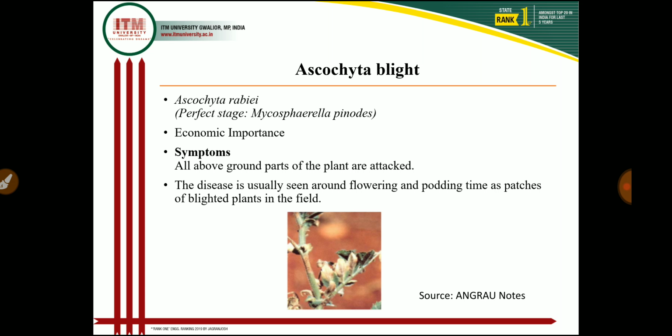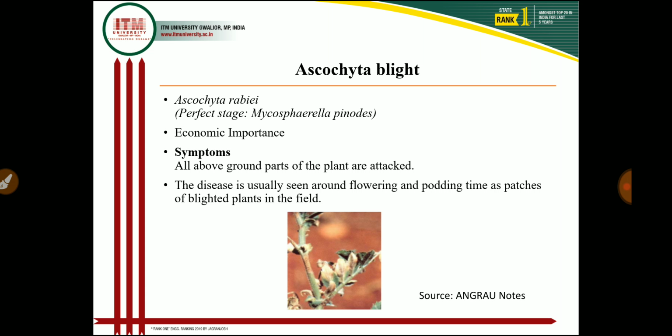The disease is usually seen around flowering and podding time as patches of blighted plants in the field, and on leaves small water-soaked necrotic spots appear, and these spots enlarge rapidly whenever favorable conditions are available, and lead to blight symptoms.